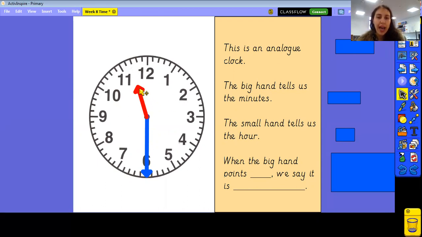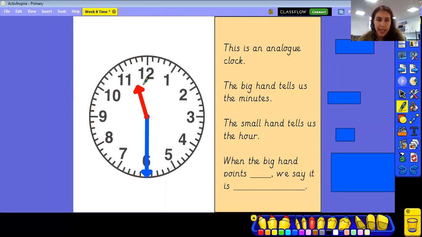Now what we need to do is look at this small hand, and we can see, if we extend the small hand, that it's pointing halfway between 11 and 12. And that's because it was 11 o'clock and this blue hand is moving, and when it gets back round here, that red hand will have moved all the way to 12 to show 12 o'clock. But at the moment, our blue hand is halfway on that journey from 11 o'clock to 12 o'clock. So we say that it is half past.